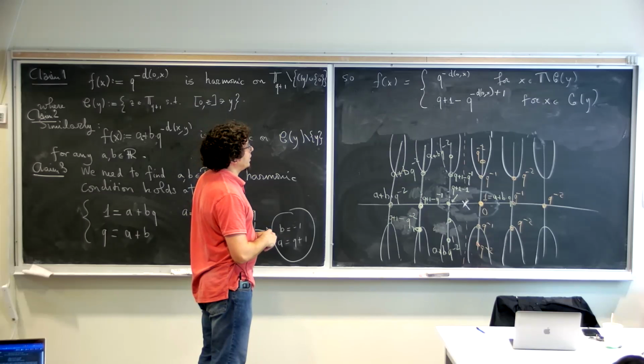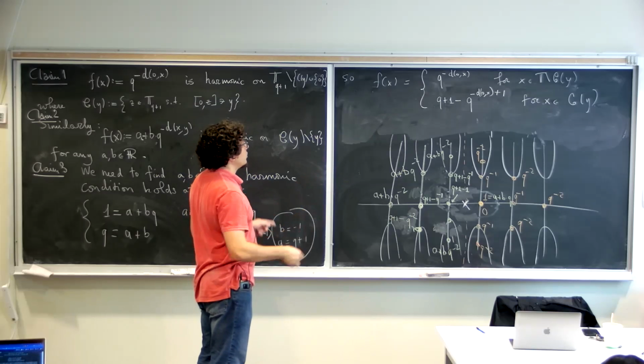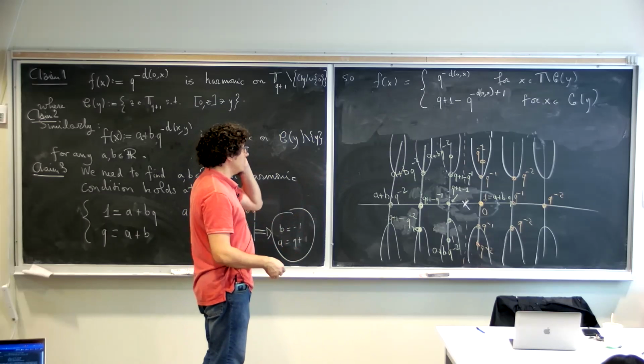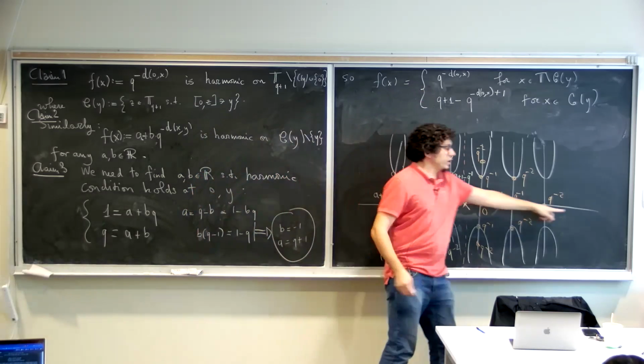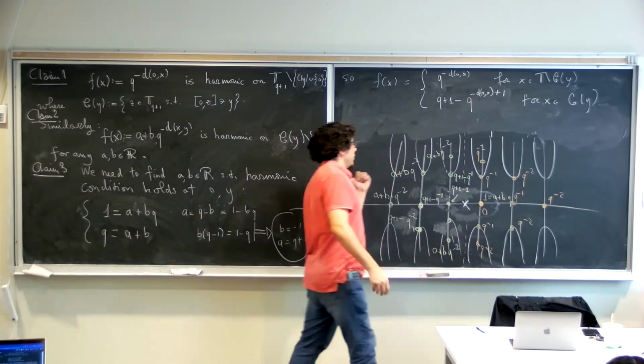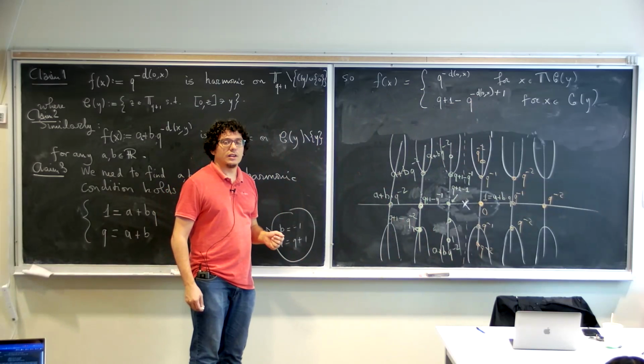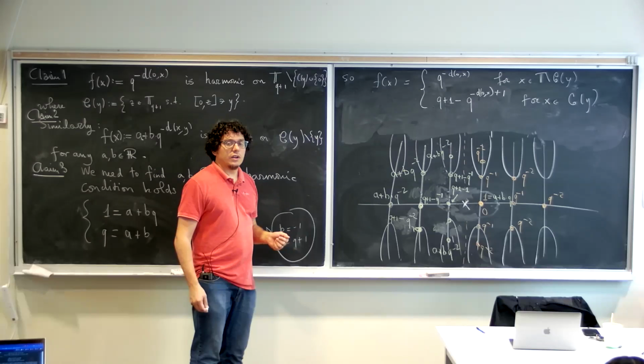Well, but you need to play with the constants as well, right? This function cannot go to 0 on both sides. This function goes to 0 on this side, and goes to q plus 1 on this side. So it must be like adding some constant.